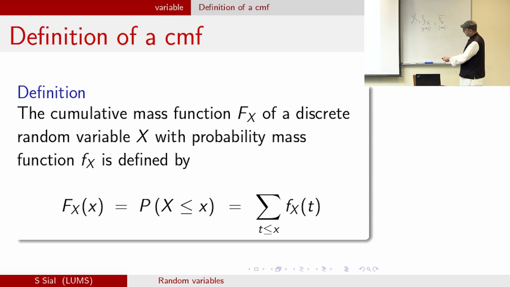If you sum over all of those, that's the CMF evaluated at small x. Okay?